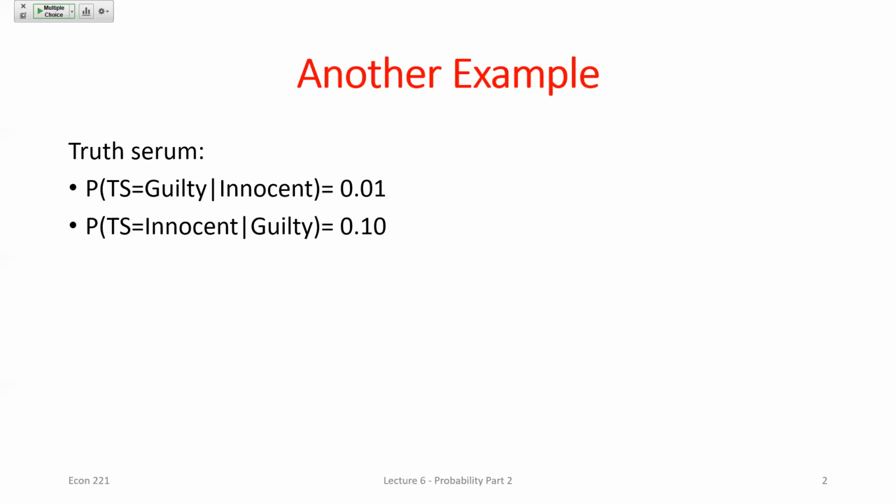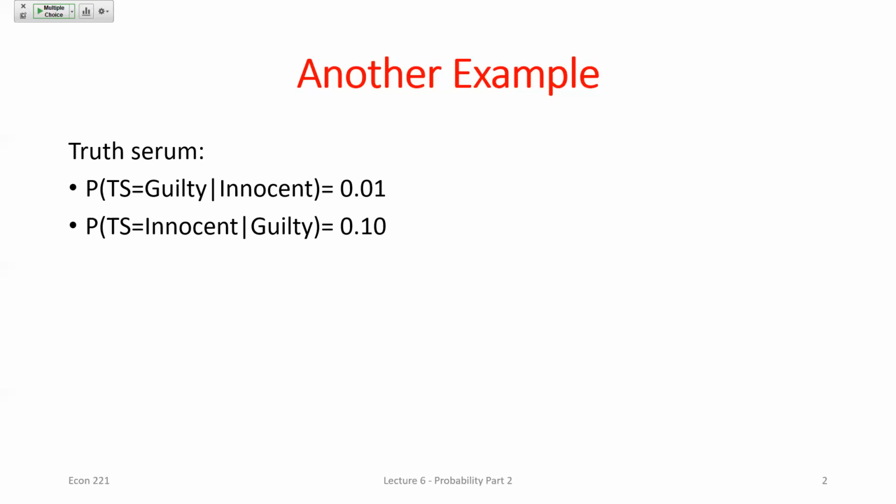Given that someone is innocent, the probability that the truth serum makes them say they're guilty is 0.01. So the probability that the truth serum would make them say they're innocent is just the complement, they add up to 1, so 0.99.